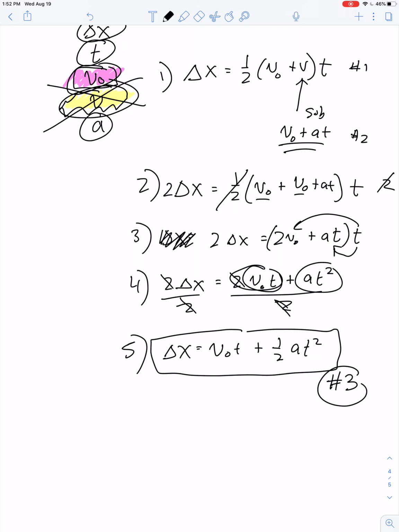Notice all the symbols are here except for final velocity v. What would be the last possible case here?